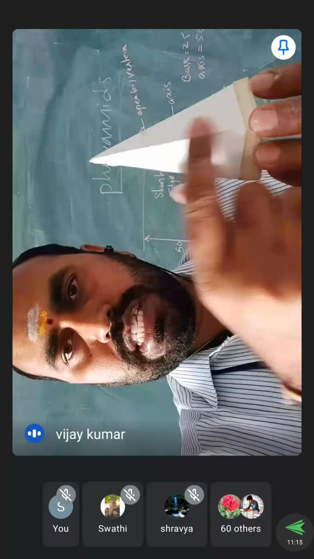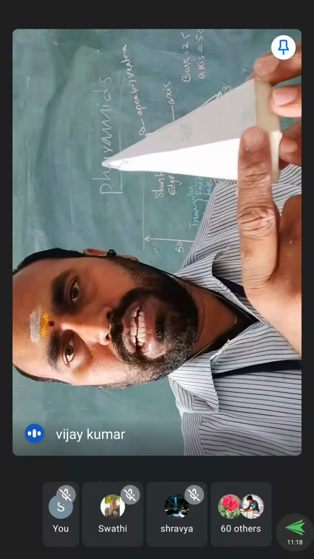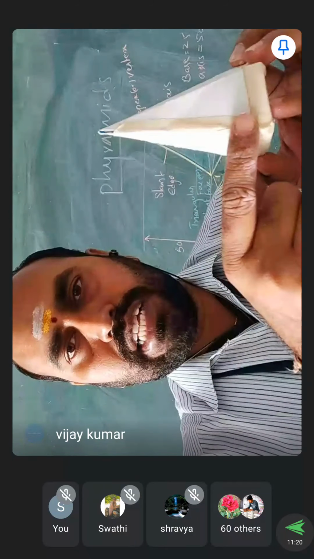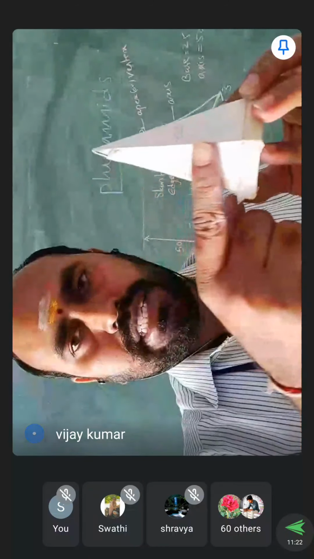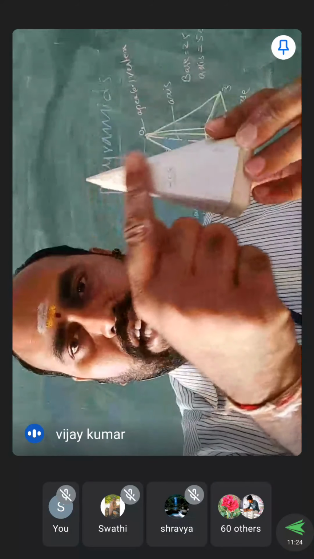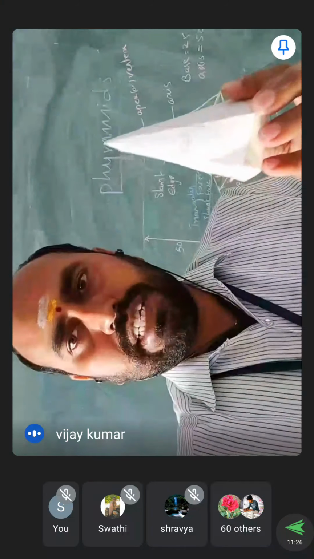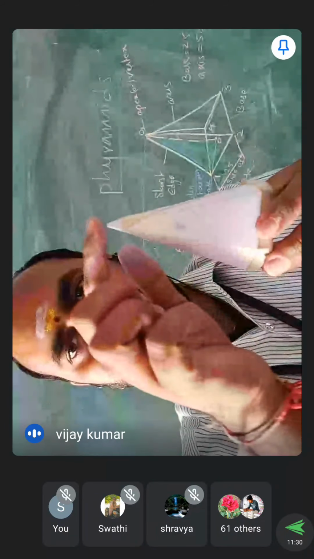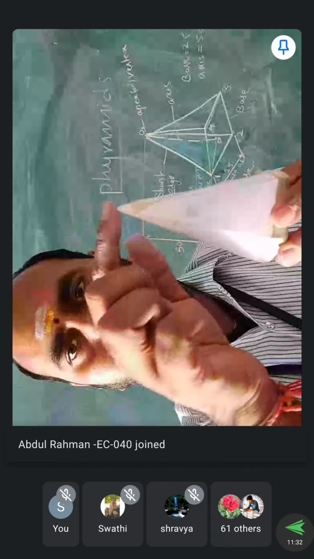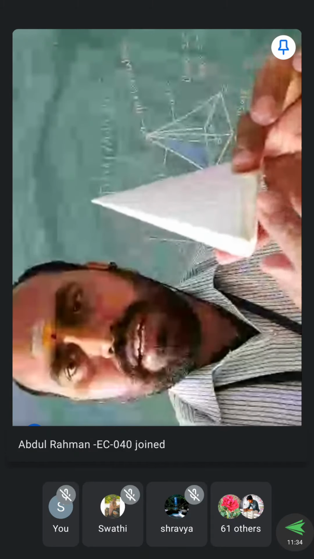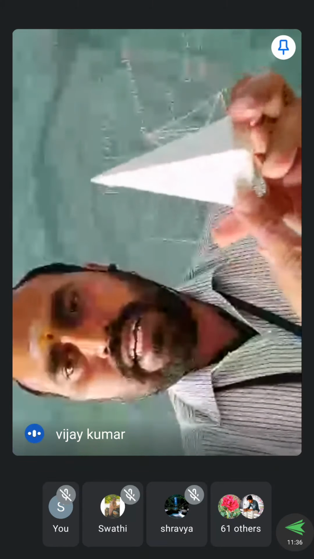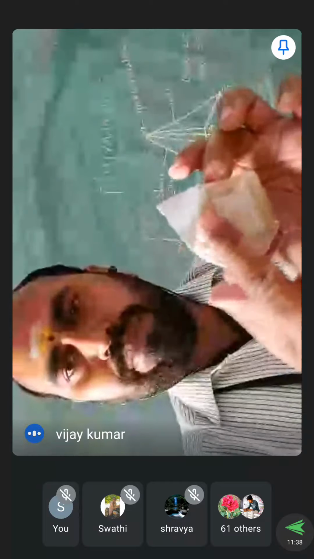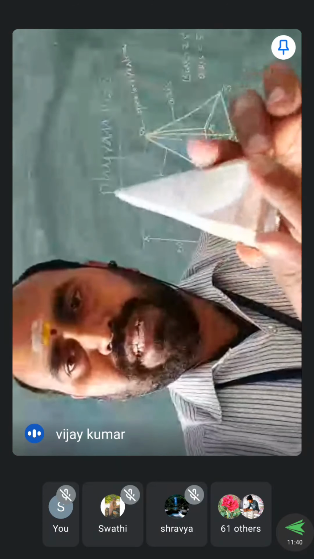So this is a slant edge, and this is also a slant edge, and this is also a slant edge, and this is a slant face or triangular face, and this is the apex point or vertex, and this is the base edge or edge of your base, and this pentagon is the base also.